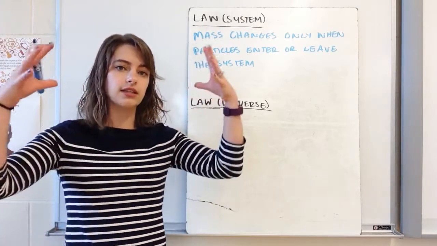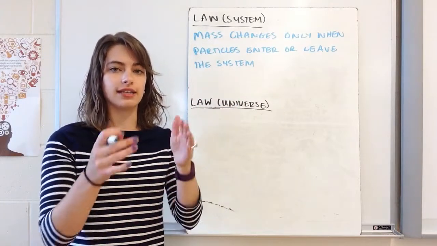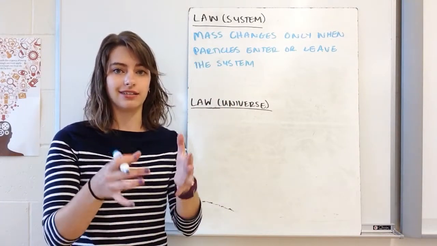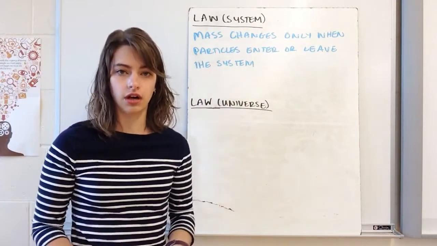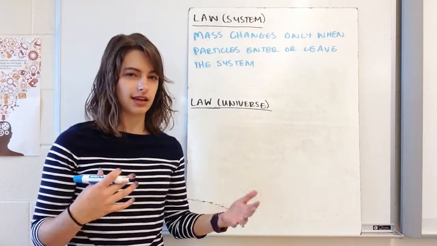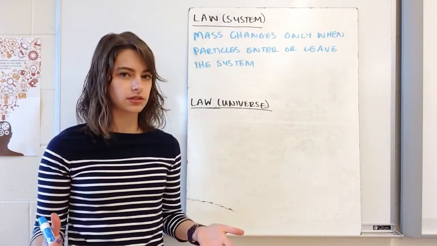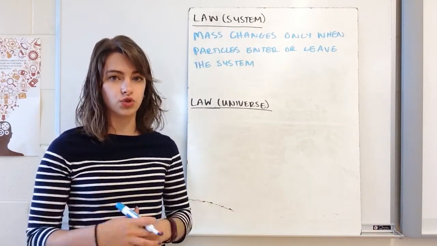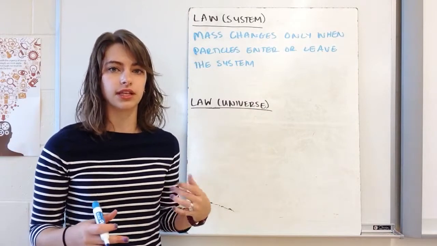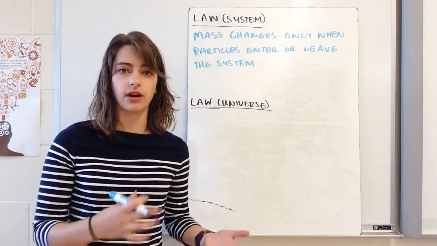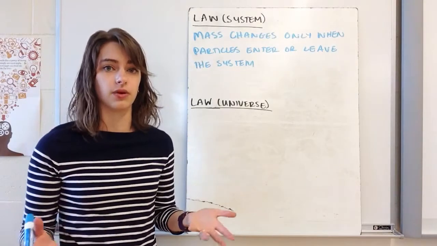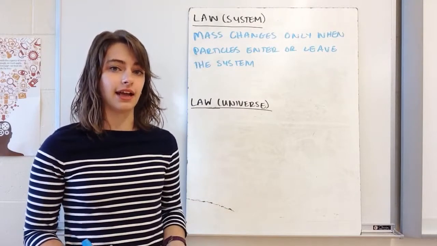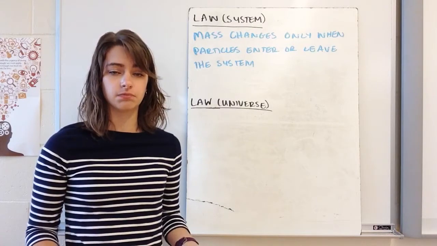So let's broaden this a little bit. In lab, we had a specific set defined system. What if we consider the entire universe our system? Can anything enter or leave our universe? Now we could get super theoretical about this, but let's just say no. Nothing can ever enter or leave our universe once it's here. It's always going to be here. That being said, can mass ever change?